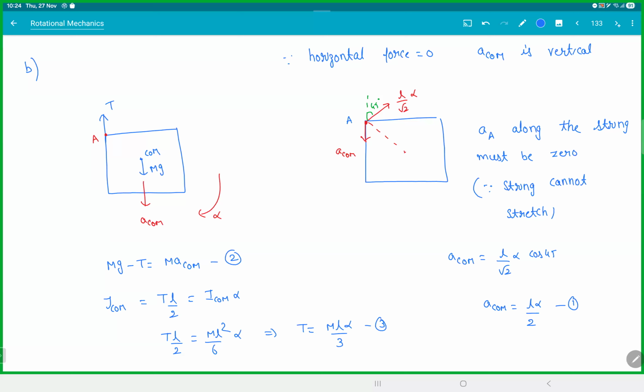Force equation, torque equation, string constraint. Any doubts on the equations? There are three parts to the problem: the force equation, the torque equation, and the constraints or the no slipping condition. One of them will keep coming. If you notice, this is the theme which is going on continuously. So then let's solve.